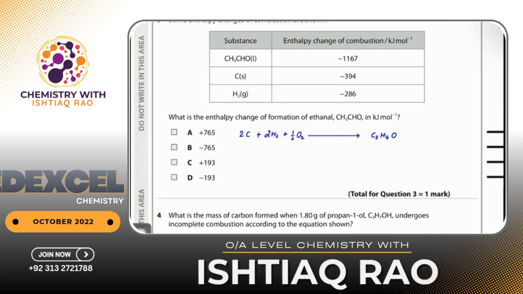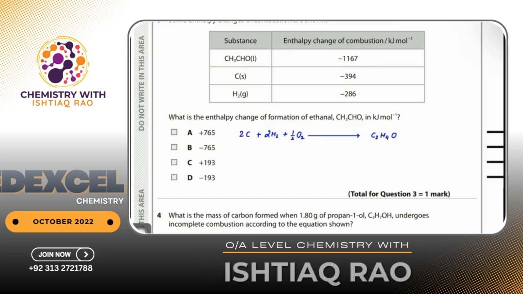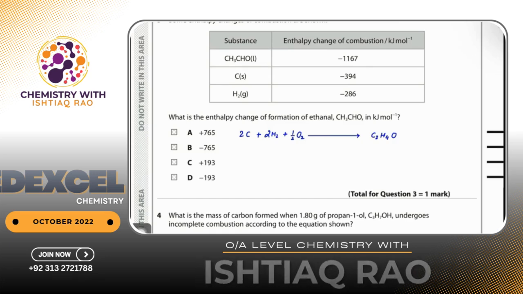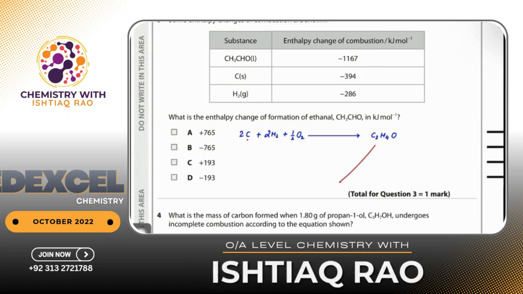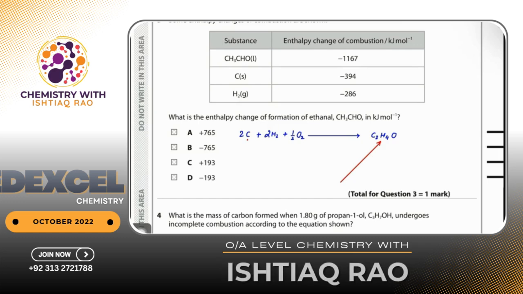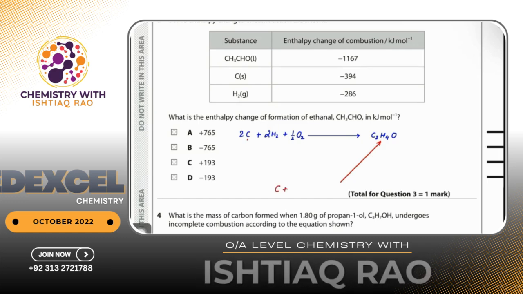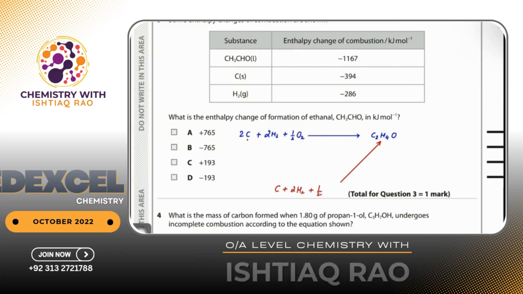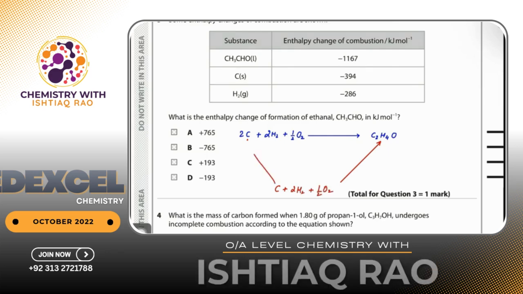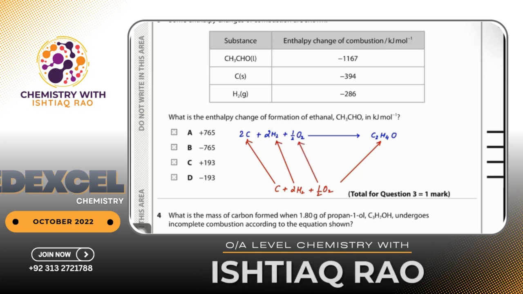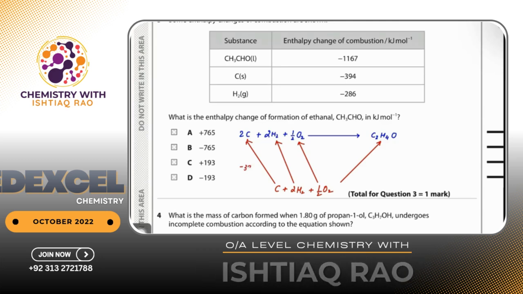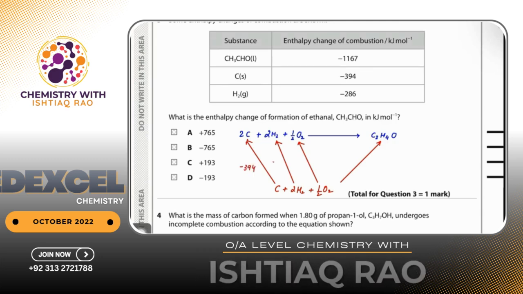So we have to write down the elements in their standard states: carbon solid, hydrogen, oxygen. Then minus 394, 2 multiplied by minus 286.